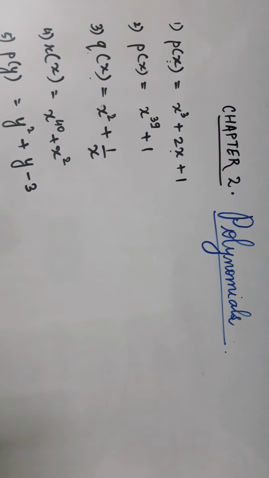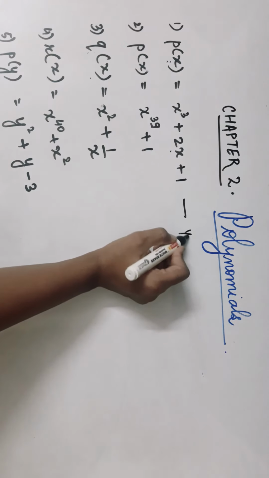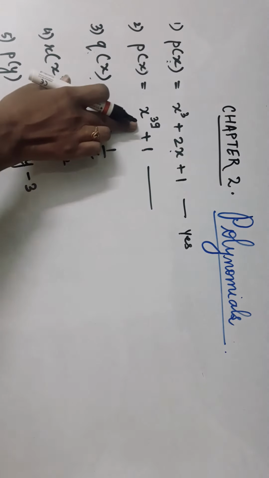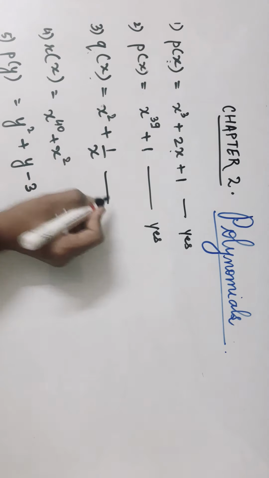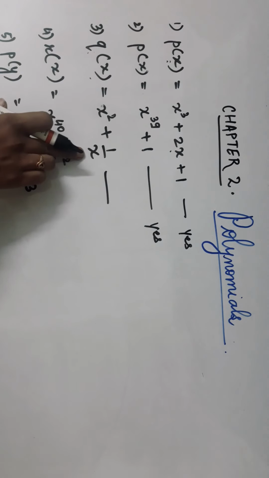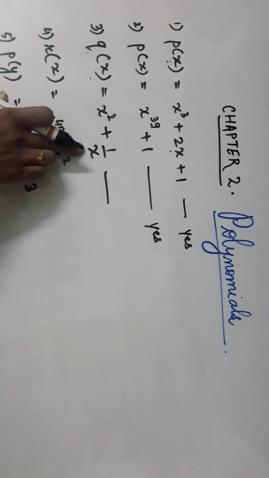Now first let us check whether it is a polynomial or not. All the powers are whole numbers, so yes, it is a polynomial. Here 39 is a whole number, so yes, again it is a polynomial. All powers are whole numbers, 2 is a whole number, but what about this 1 by x?